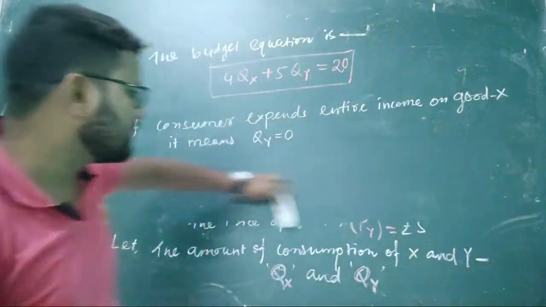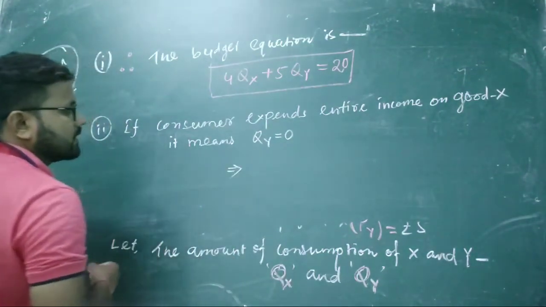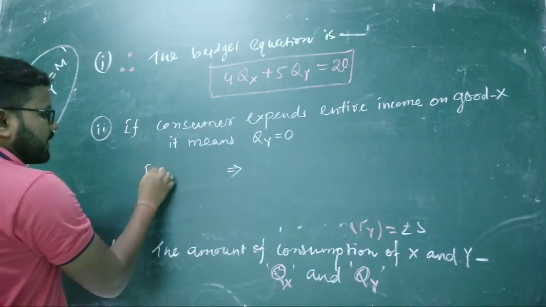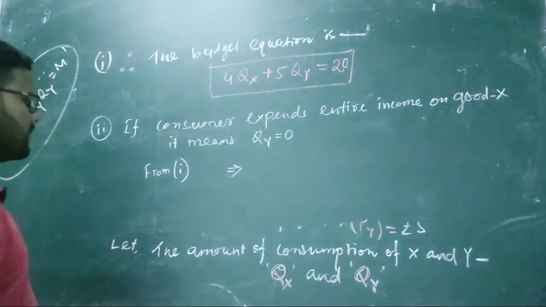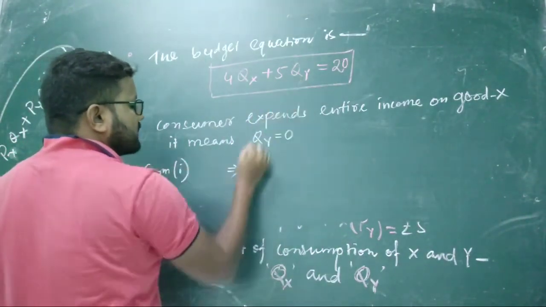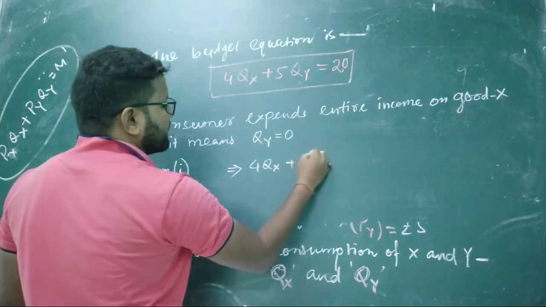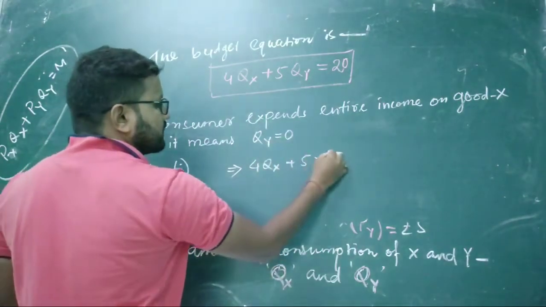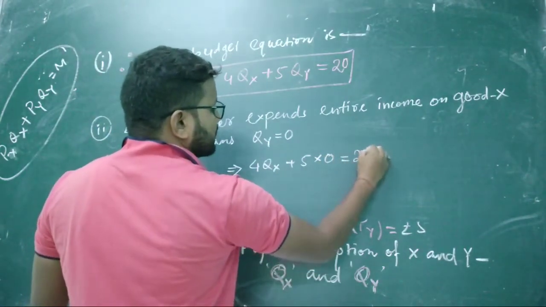Consumption of Y is equal to 0. This implies, from the consumer's budget equation 1, you can write 4Qx plus 5Qy, where Qy is 0. Therefore you can substitute here the value of M, that is 20.